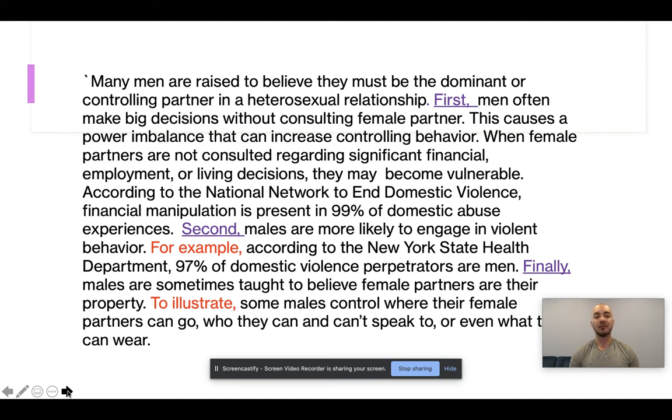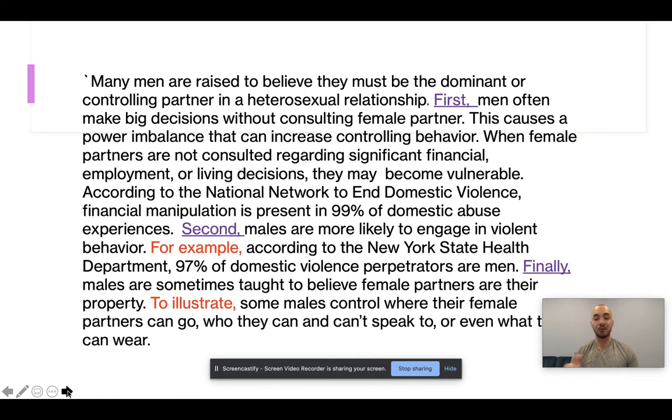First, men often make big decisions without consulting female partners. This causes a power imbalance that can increase controlling behavior. When female partners are not consulted regarding significant financial, employment, or living decisions, they may become vulnerable. According to the National Network to End Domestic Violence, financial manipulation is present in 99% of domestic abuse experiences. Second, males are more likely to engage in violent behavior.